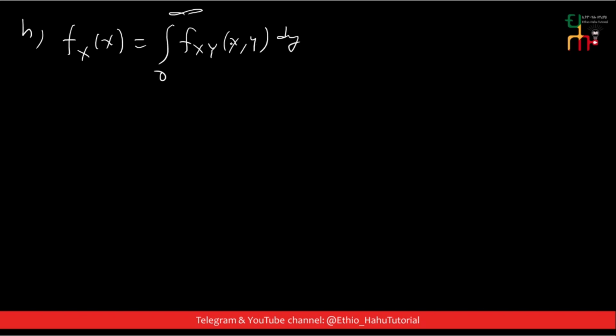Integrating the joint probability density function, we get the marginal probability density function. This is equal to the integral from 0 to positive infinity of e to the power of minus of x plus y dy, which is e to the power of minus x times e to the power of minus y dy.